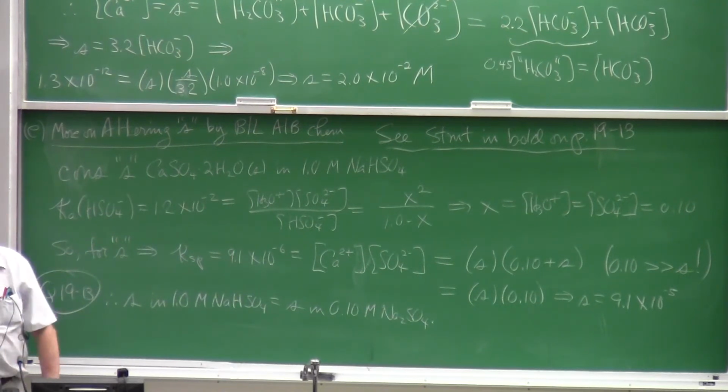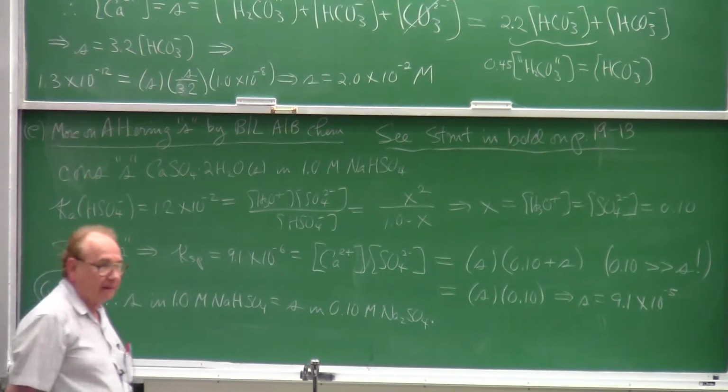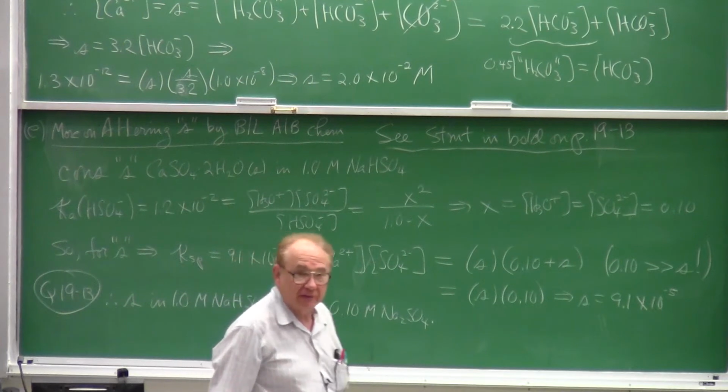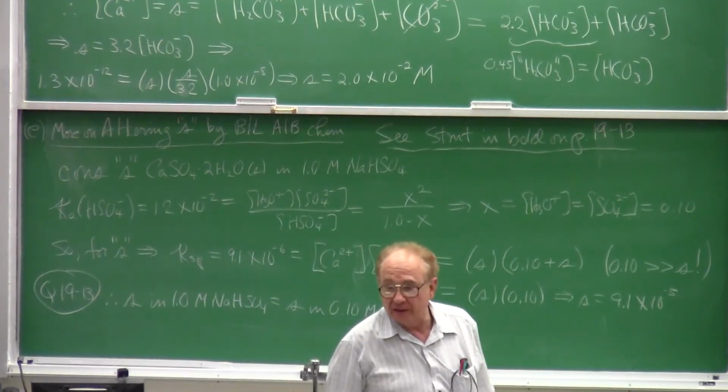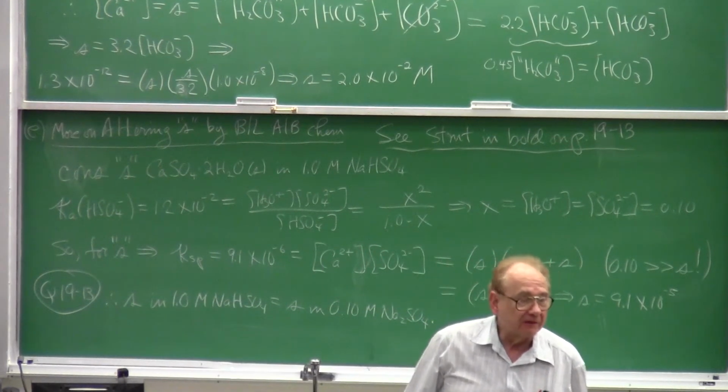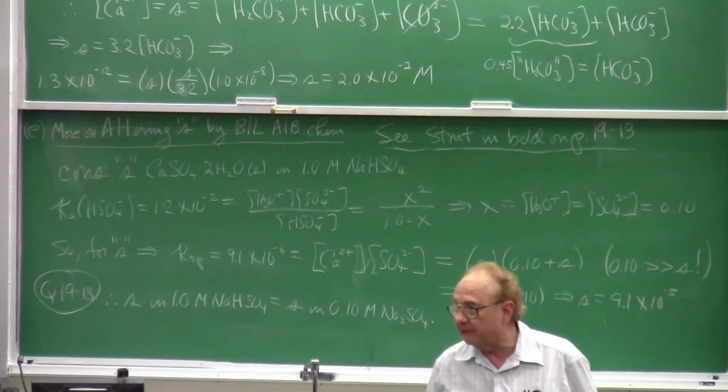What I think the notes state is alteration of S by chemical means. Well, this is clearly alteration of S by chemical means, but we've already looked at alteration of S by chemical means. For example, calcium carbonate solubility in straight water, calcium carbonate solubility in water solution buffered at pH 8, buffered at pH 6.